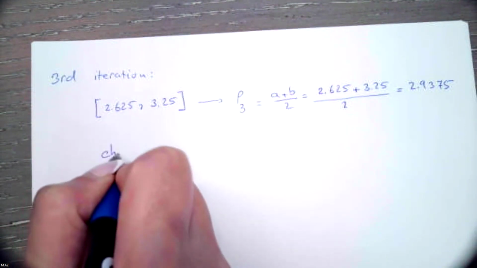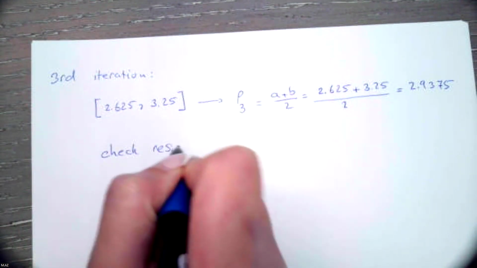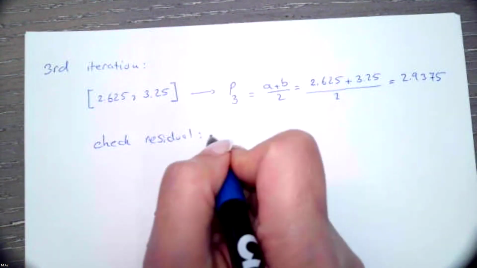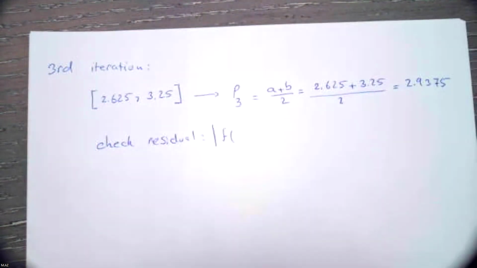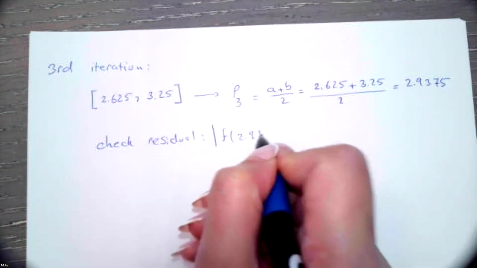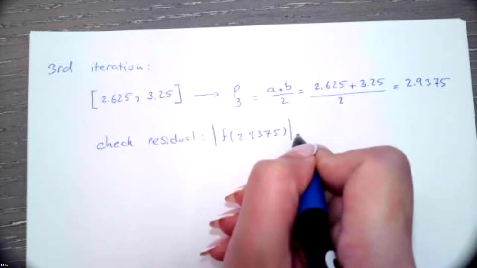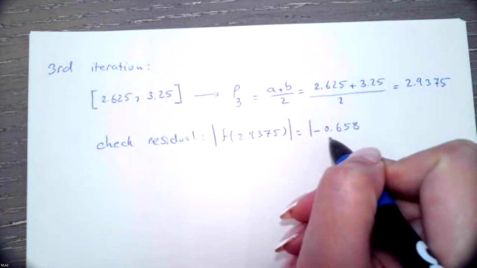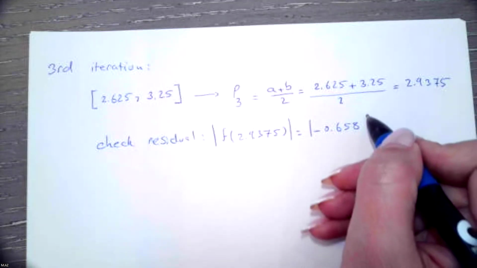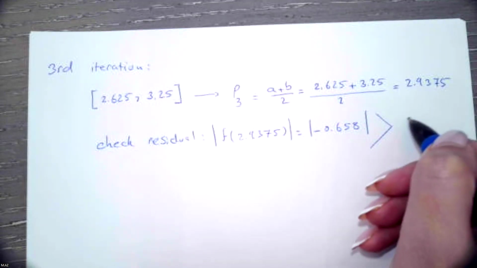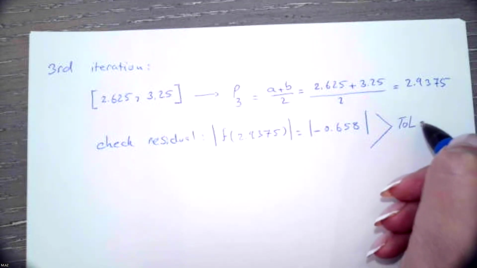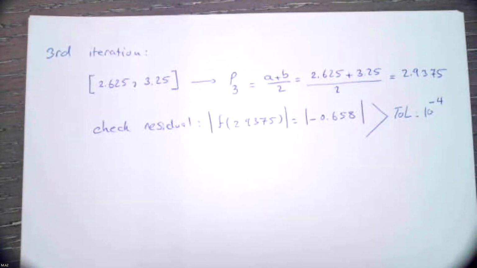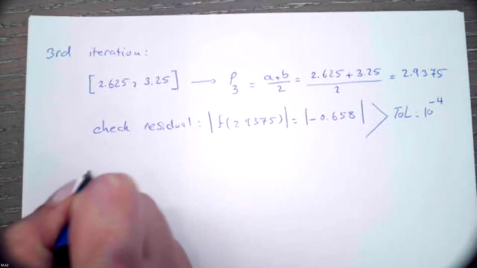Now we check the residual of the function at this new midpoint, okay? And when we check the residual of the function at this midpoint, it is 0.658. And as you can see, this is larger than the tolerance of this problem, that is 10 to the minus 4. And how about the iterative convergence?